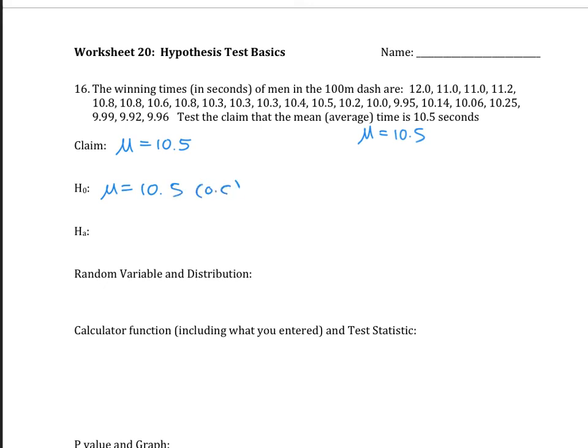It's the original claim, and the opposite of that is HA, so not equal to. Here we don't see the population standard deviation, so this is going to be a t distribution. That means we're going to use a t-test instead of a z-test.